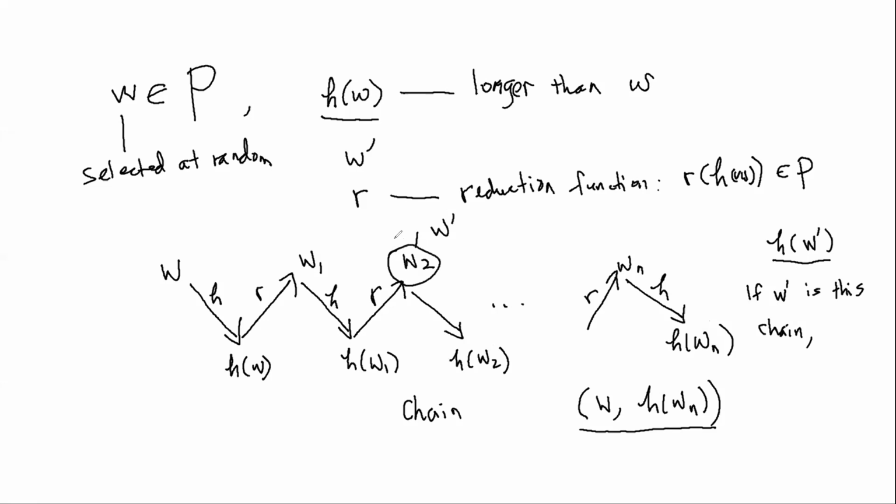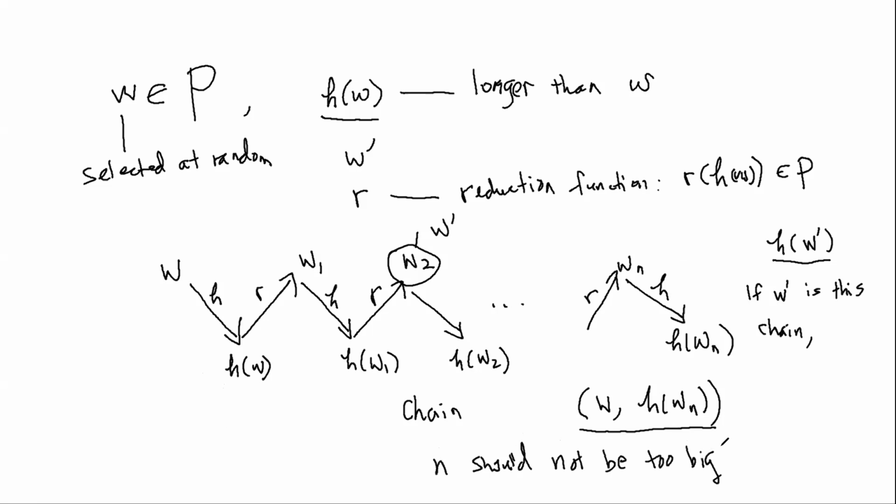However, of course, this is the best situation. It may not happen in this chain, so that means I need to do more chains. Now, this chain should not be too long, so this n should be manageable, should not be too big.